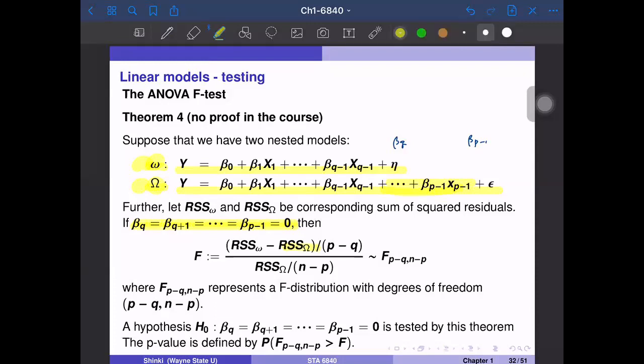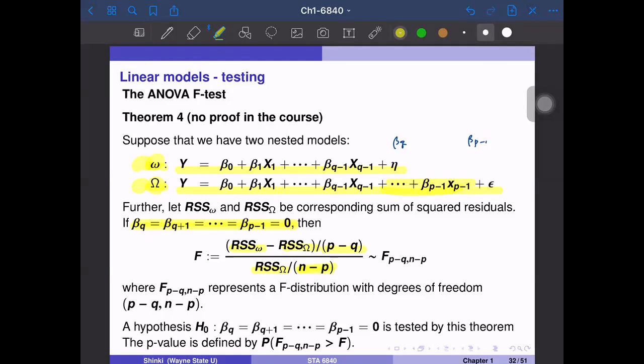So this difference becomes large if those parameters are non-zero. But of course, we have to have some normalizer. So we divide this by the RSS of omega, I mean, the larger model with the smaller residual sum of squares. And we also have some normalizer, p minus q and n minus p.